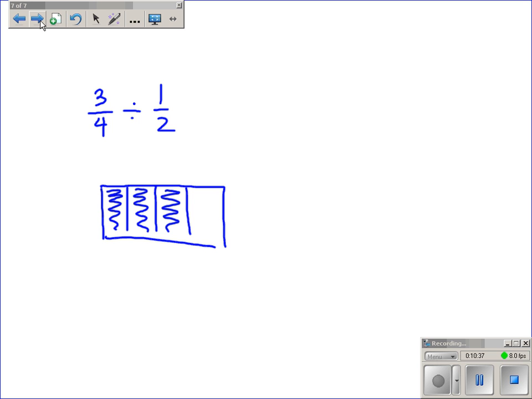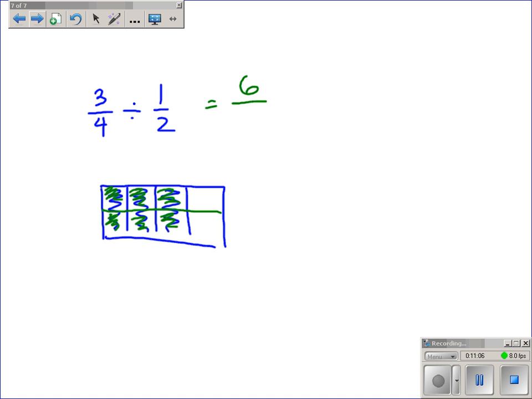Okay, so what I'll do is I will cut each of these in half. Okay, and I will count how many pieces I have. I have 1, 2, 3, 4, 5, 6. Okay, and the denominator, although you want to say it's 8, because that's what the picture says to us, at least in our past discussion.